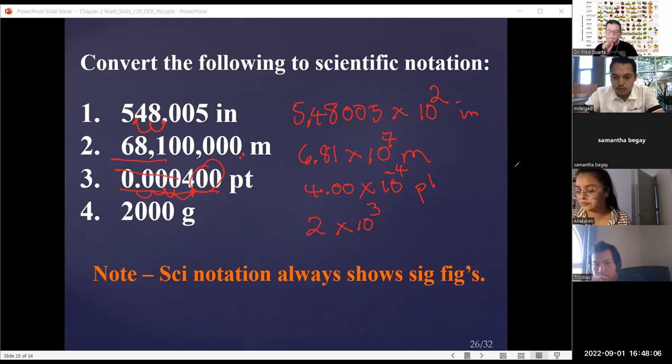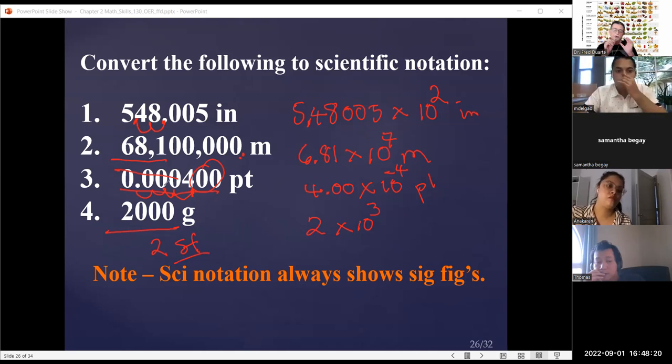Now ask yourself a question. What if you're given the number 2000 and you're asked to write it with 2 sig figs? Can I do that long-handed? Can I write the number 2000 with 2 significant figures long-handed? Kind of ambiguous, right?